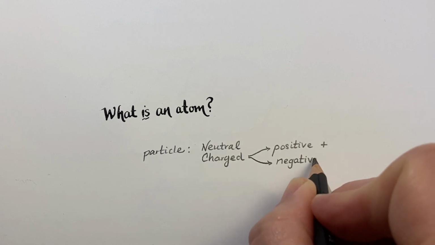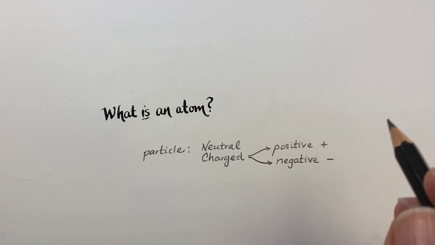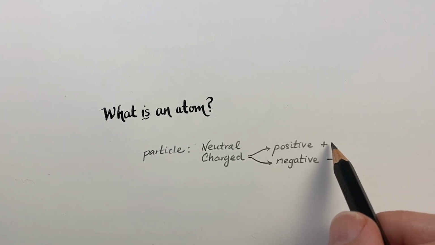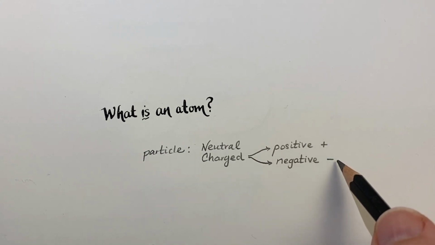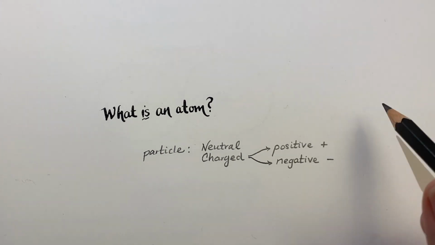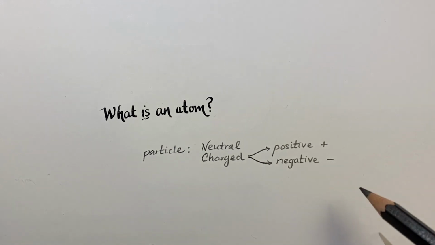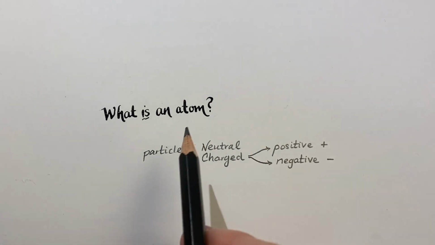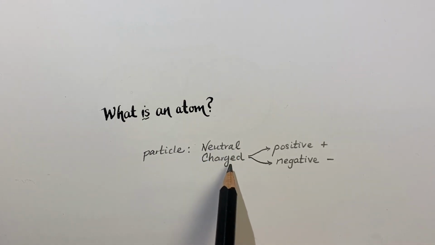Like if you look at a 9-volt battery, one of those electrodes at the top would be labeled positive, the other one negative, or like a AA battery, one end is positive, the other end is negative. So a particle will be either neutral or charged.